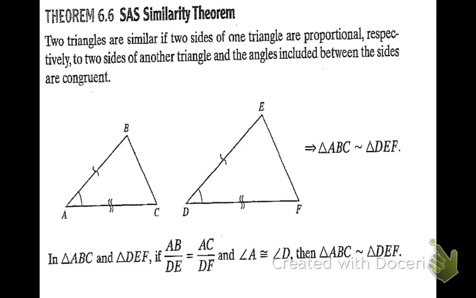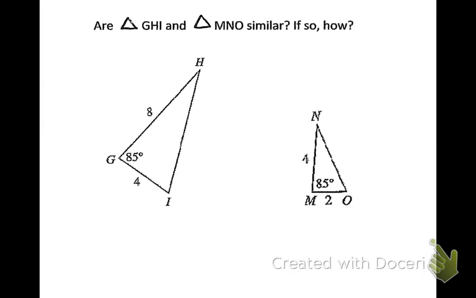Side angle side similarity. So we have two pairs of sides proportional, and the included angle, that's the angle between the two sides, is congruent. Then we can say the triangles are similar. So they're asking if these two are similar.